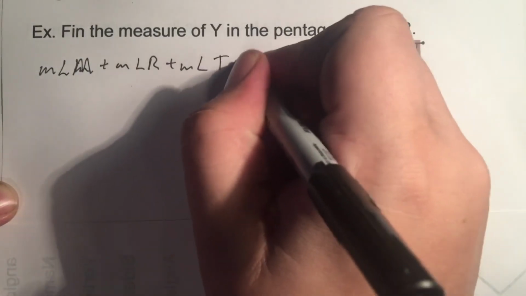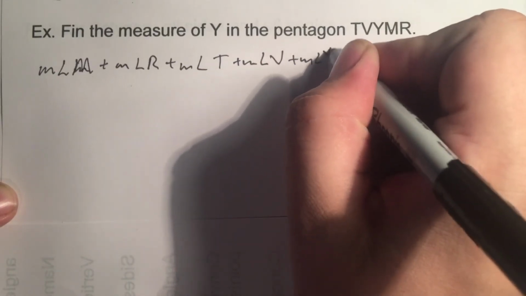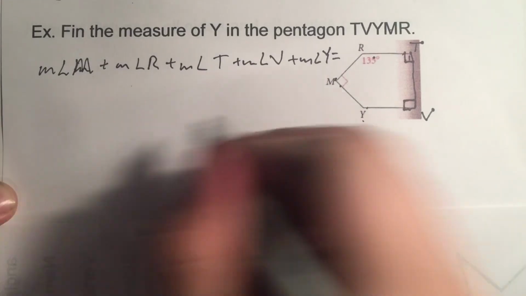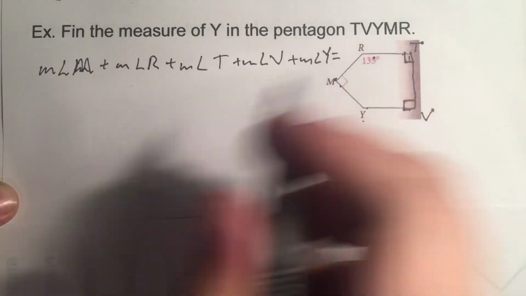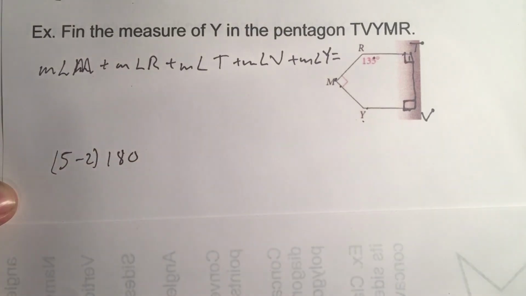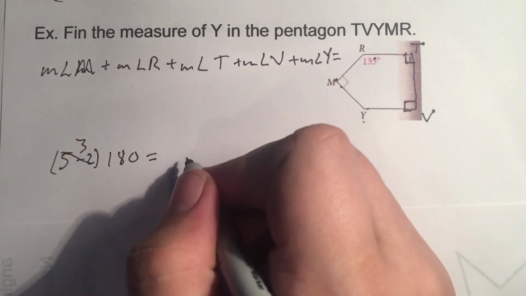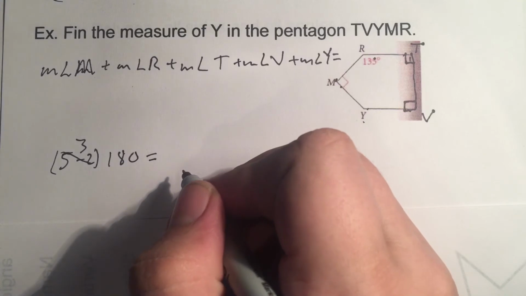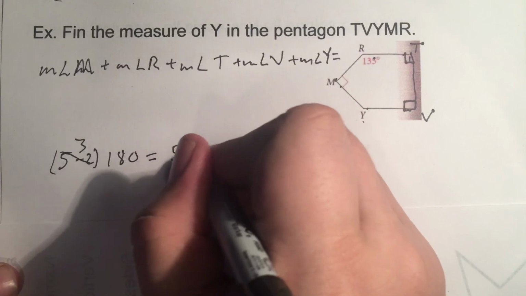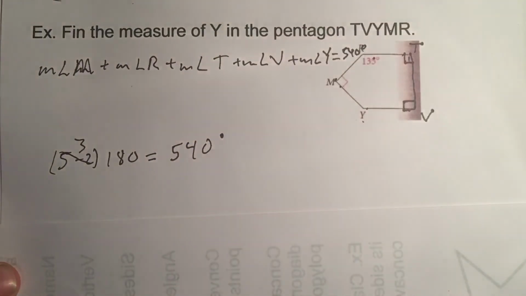So the measure of angle T plus the measure of angle V plus the measure of angle Y has to equal, well, what does it equal? Well, we know we have 1, 2, 3, 4, 5 sides. So we do 5 minus 2 times 180. So in other words, this is going to be 3 times 180, which ends up being 540. Sorry, guys. So this is going to equal 540 degrees.